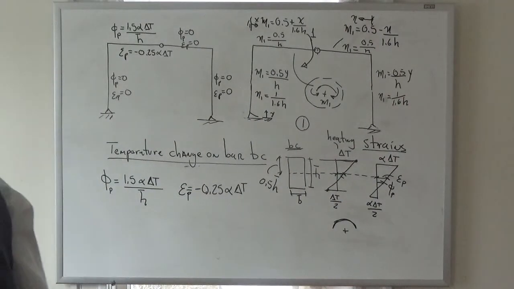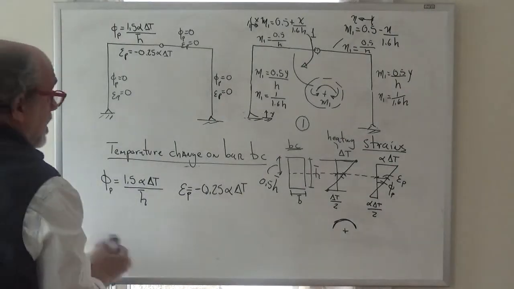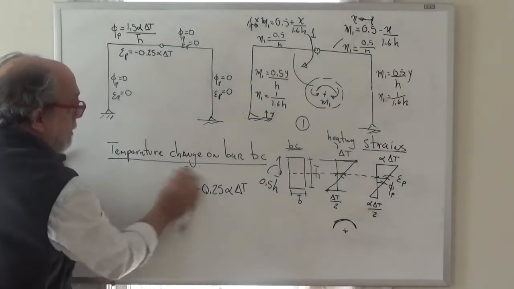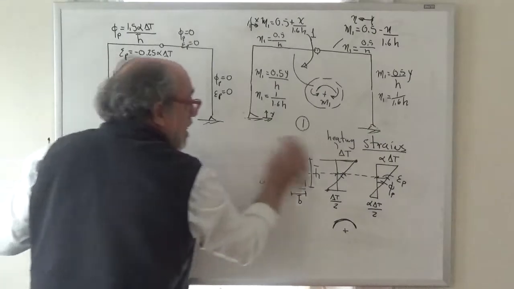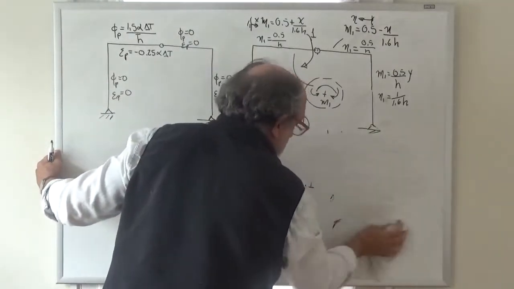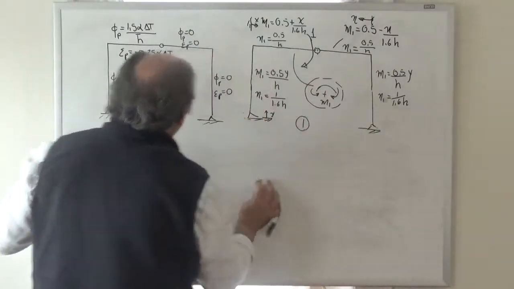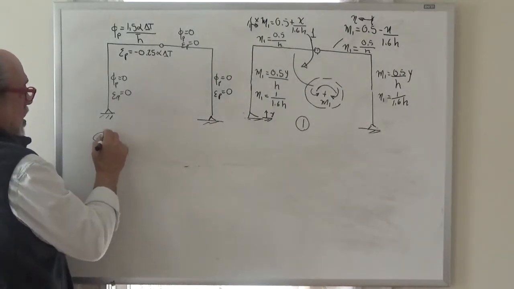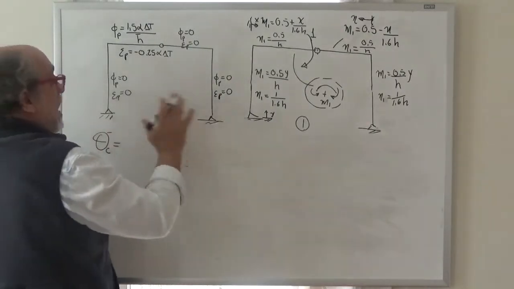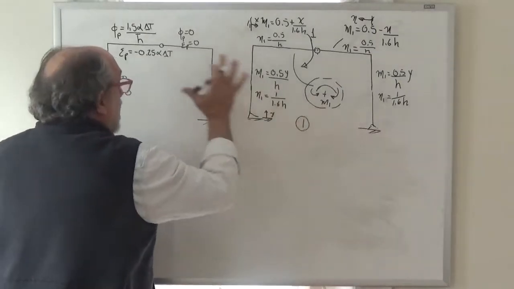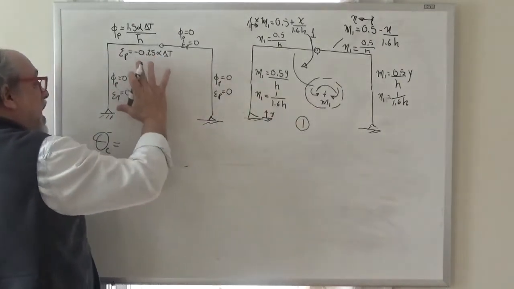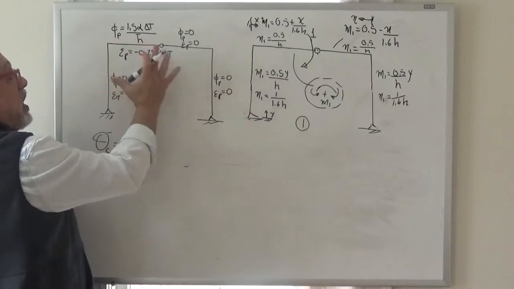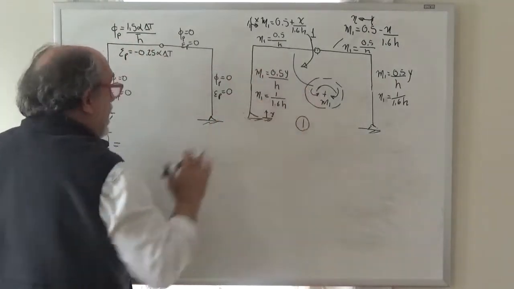Because now it is a simple matter to say that theta z on the left side is the integral of the curvatures and the axial strains due to the loading, in this case temperature, and the unit load.